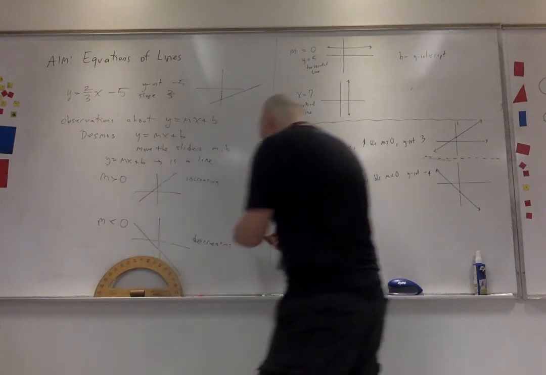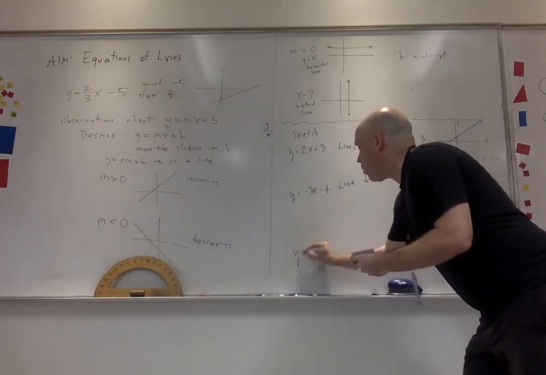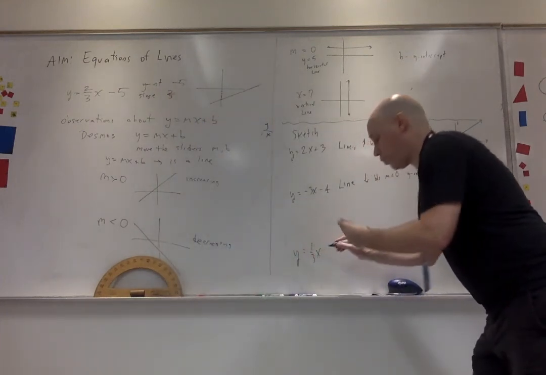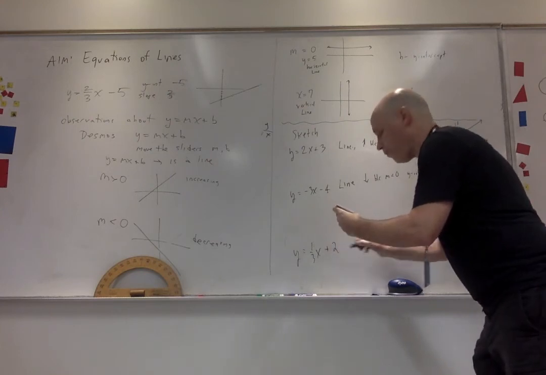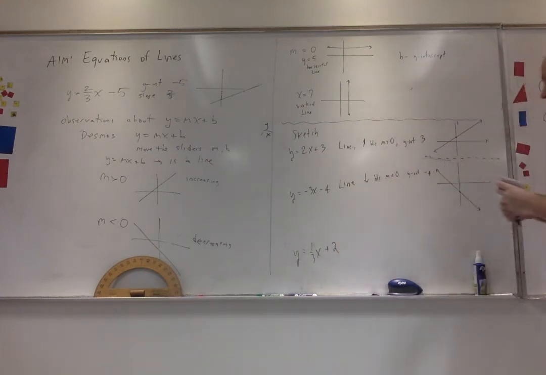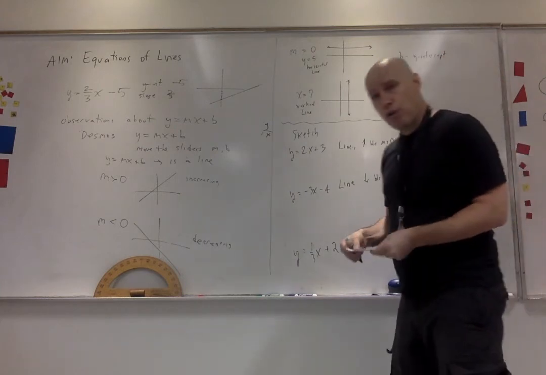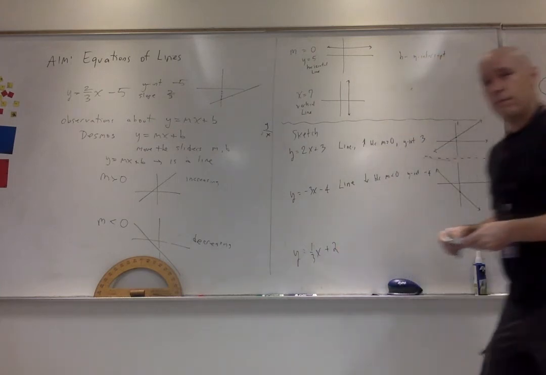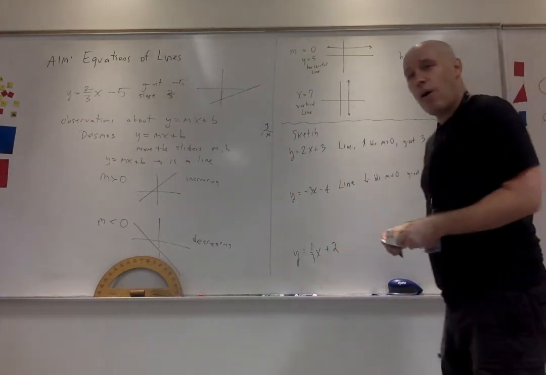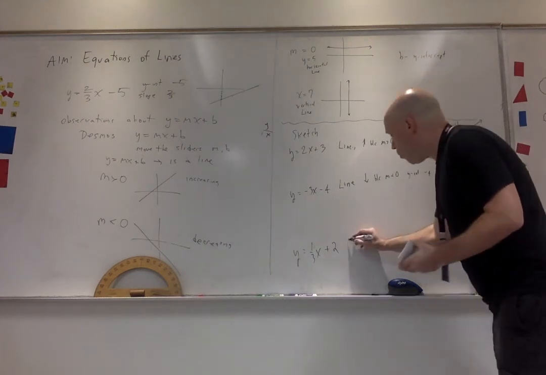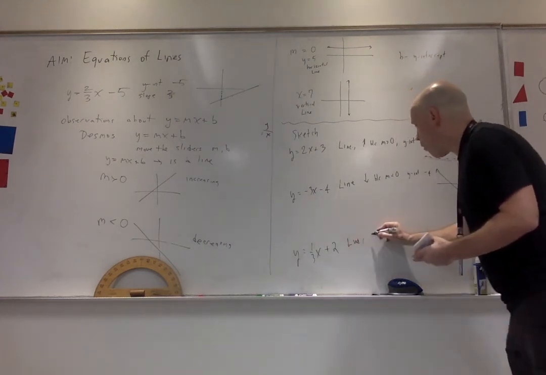Try this one on your own. y equals 1/3 x plus 2. Try it on your own. Pause. Okay, great. Once again, we have a line. We know it's increasing.